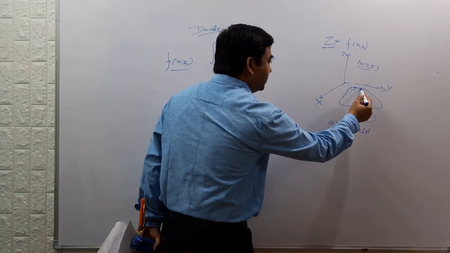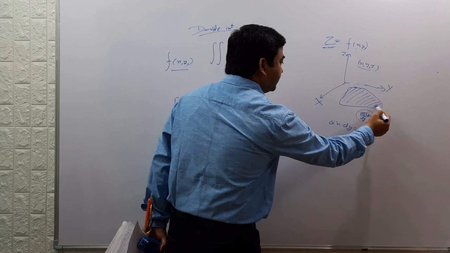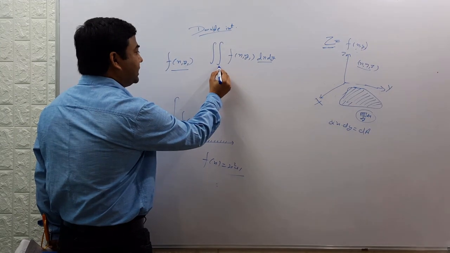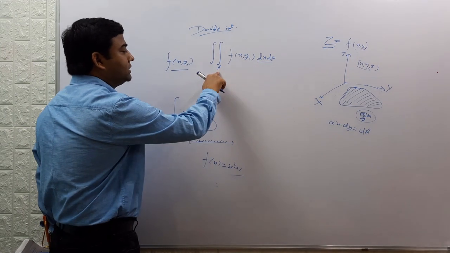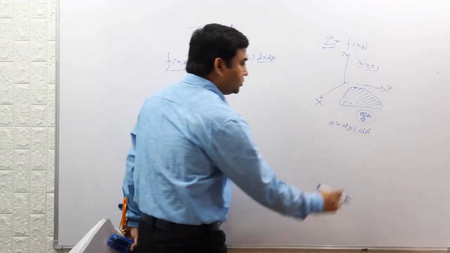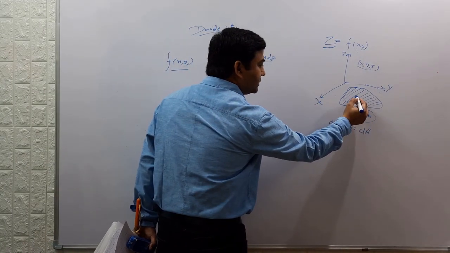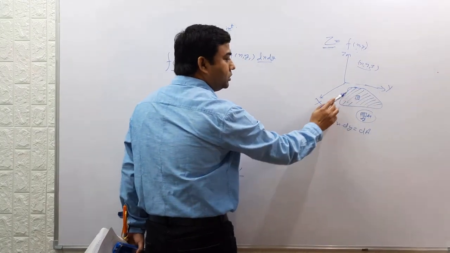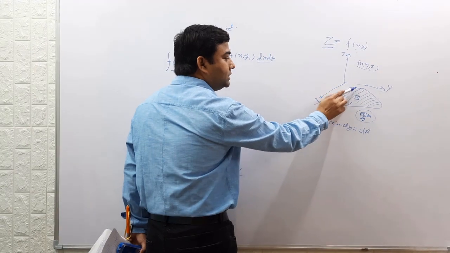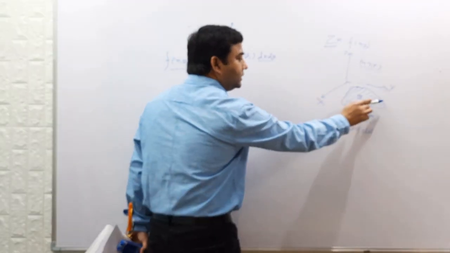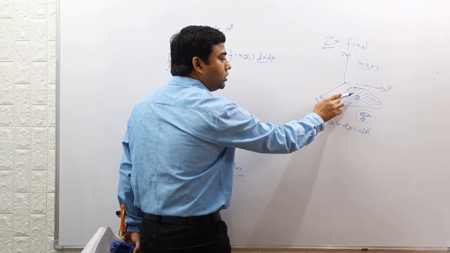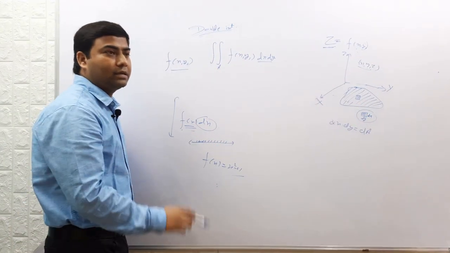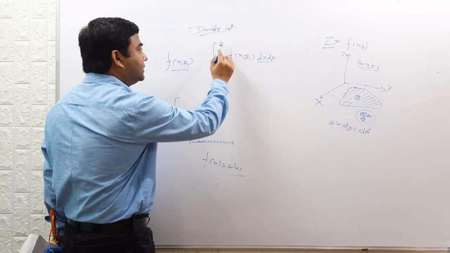So you want to calculate over the region A. This dx dy is just a small element, and you have to sweep all this area by moving this small element vertically along the y-axis and along the x-axis. You have to sweep this whole region. This sweeping will define its limits.